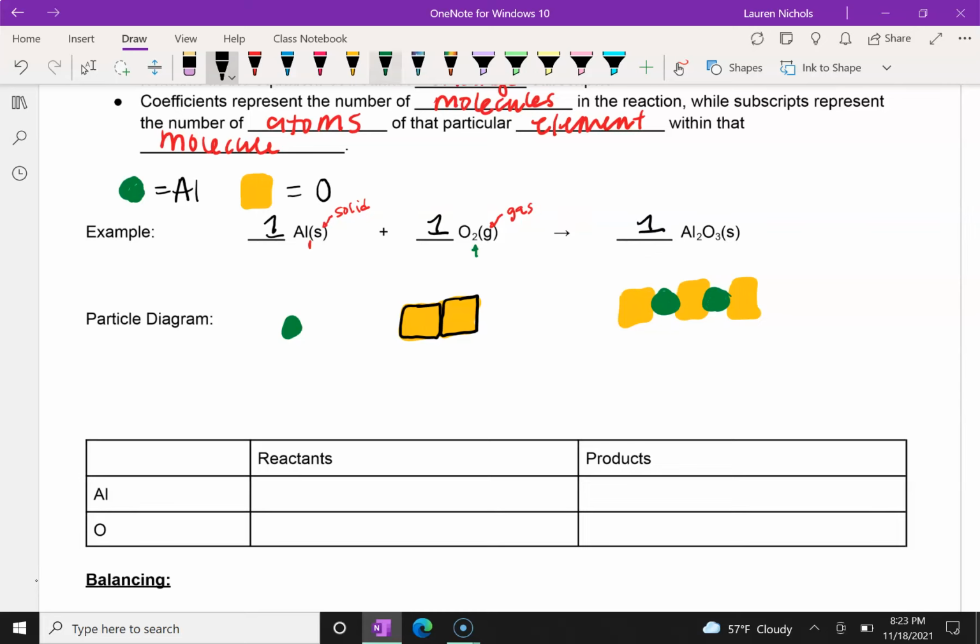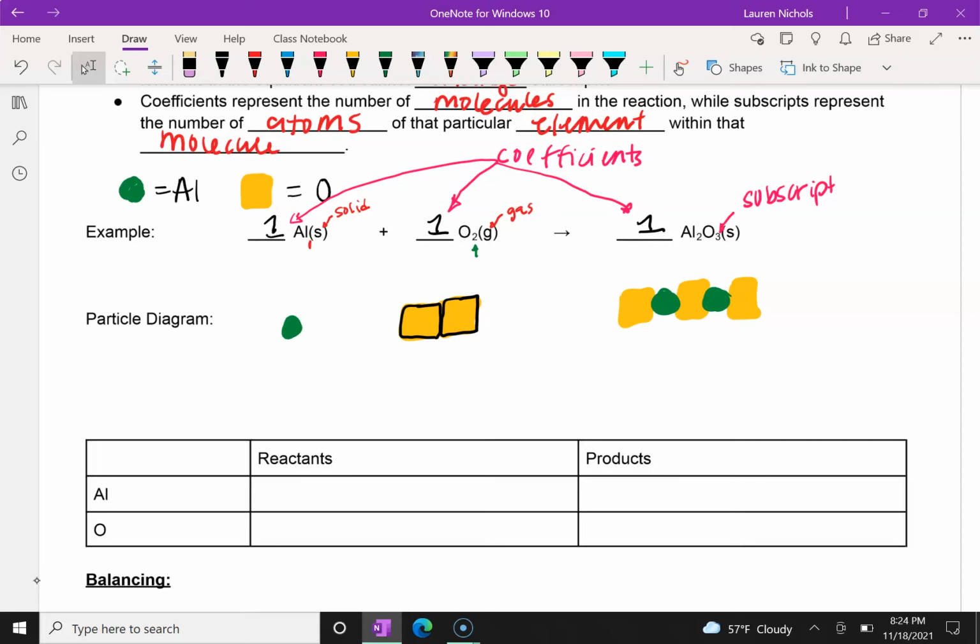So that means my coefficients, because these numbers here are all your coefficients. And remember, these little numbers here, like the 3, that's a subscript. So currently, I have one aluminum atom, one oxygen molecule, which has 2 oxygen atoms in it, and one molecule of aluminum oxide, which has 2 aluminums and 3 oxygens in it.